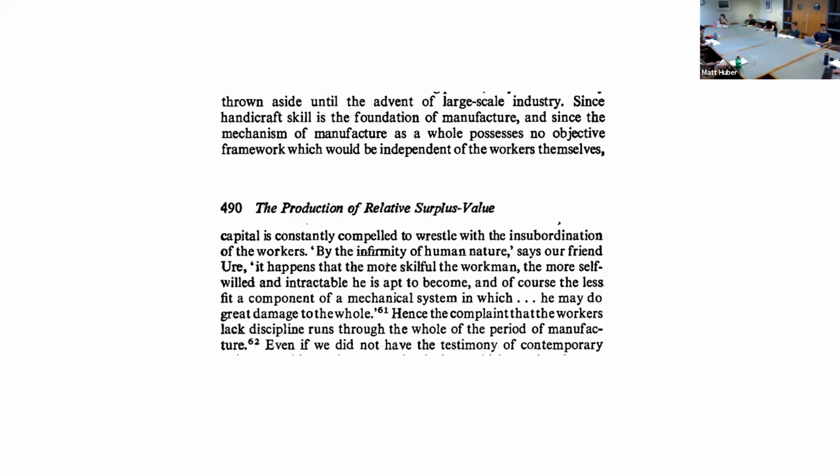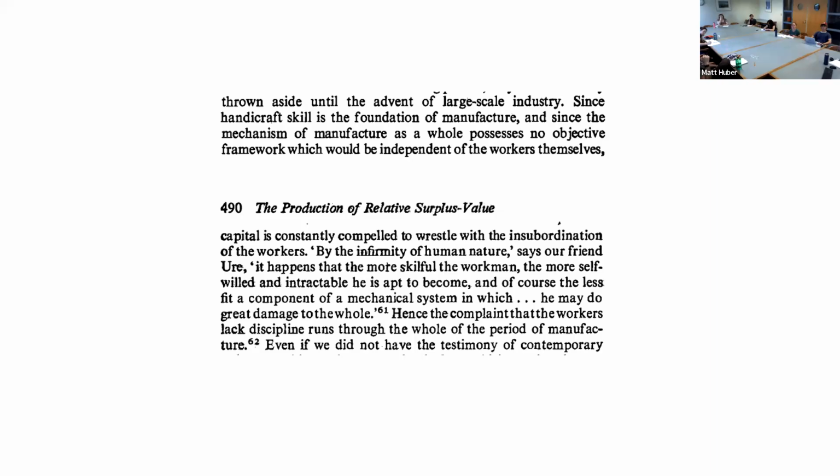But since handicraft skill is the foundation of manufacture, which means this system is ultimately rooted in the hands and muscles and movements of human workers, since the mechanism of manufacture as a whole possesses no objective framework independent of the workers, capital is constantly compelled to wrestle with the insubordination of the workers.